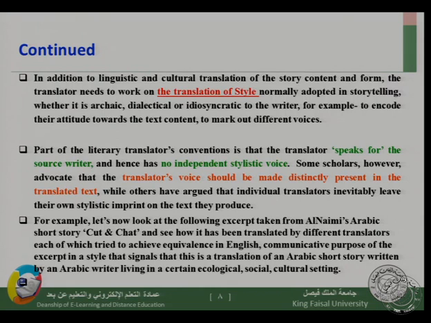Are you still near to the original text? Are you entertaining? Are you provoking emotions? Have you met all the features of a short story text? So you need to be able to really control all these elements when you are translating a short story.